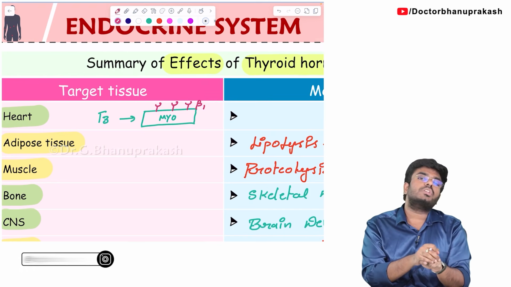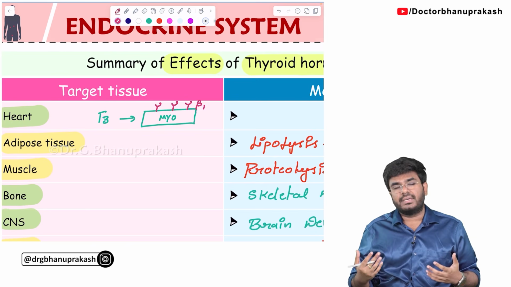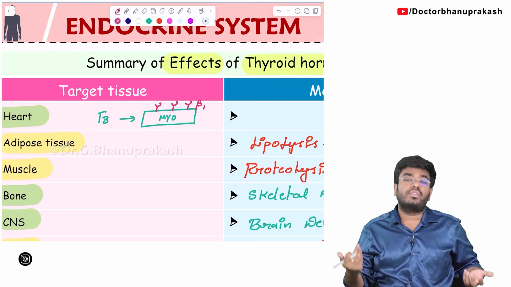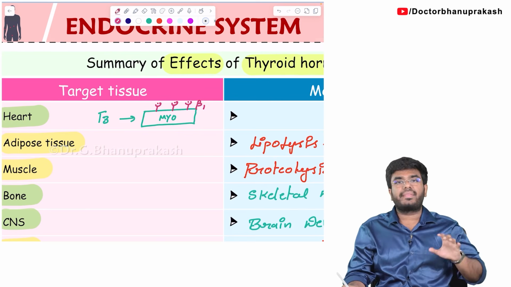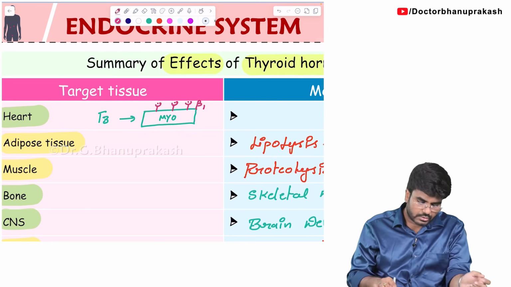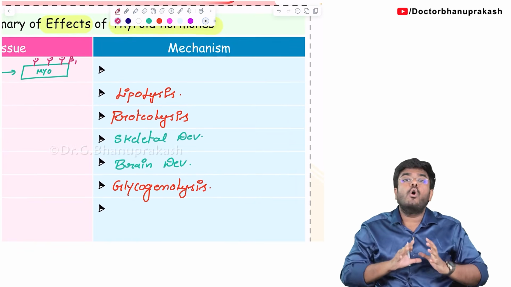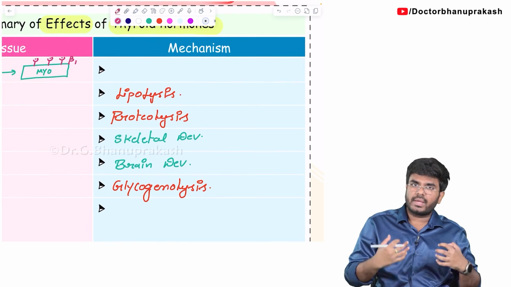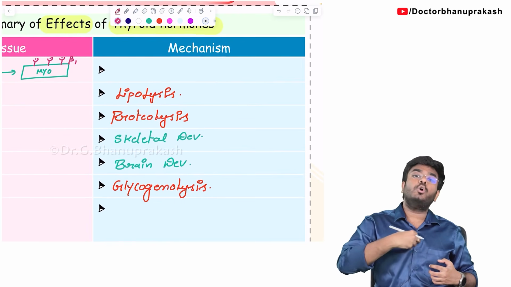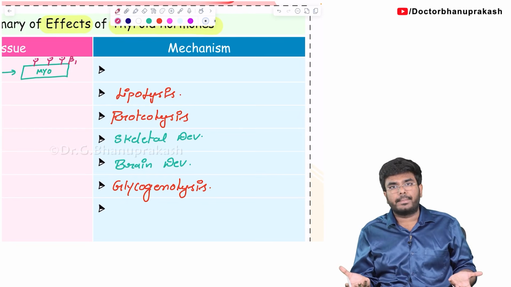So whenever thyroid hormones act on the myocardium, the beta 1 sympathetic receptor number will increase. More receptors, more stimulation. More sympathetic stimulation means heart rate increases. So remember, thyroid hormones make the myocardium more sensitive to the circulating catecholamines, epinephrine and norepinephrine.